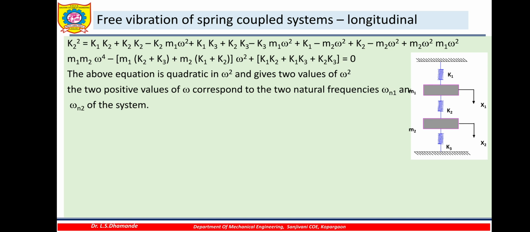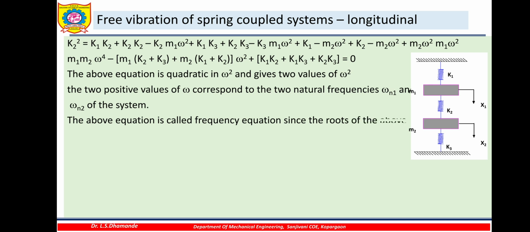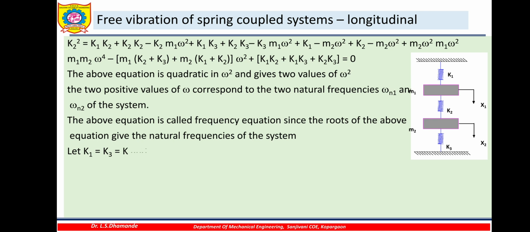When you solve this equation as a quadratic equation, the roots of the equation are nothing but the natural frequencies of the system. So this equation is therefore called the frequency equation, since its roots give the natural frequencies of the system. And now let us simplify this particular system.